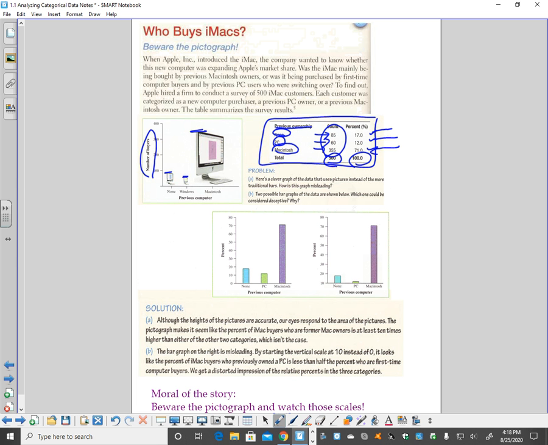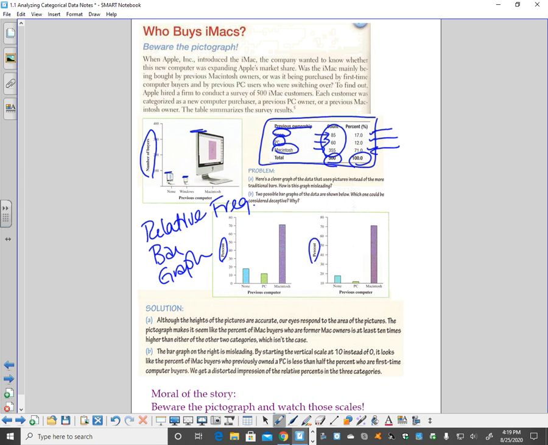Okay, now let's look at the two bar graphs. The two bar graphs down here, now these are both based on percents. So think about what that is. That is a relative bar graph, because it's talking about the relative frequency, because they're percents.